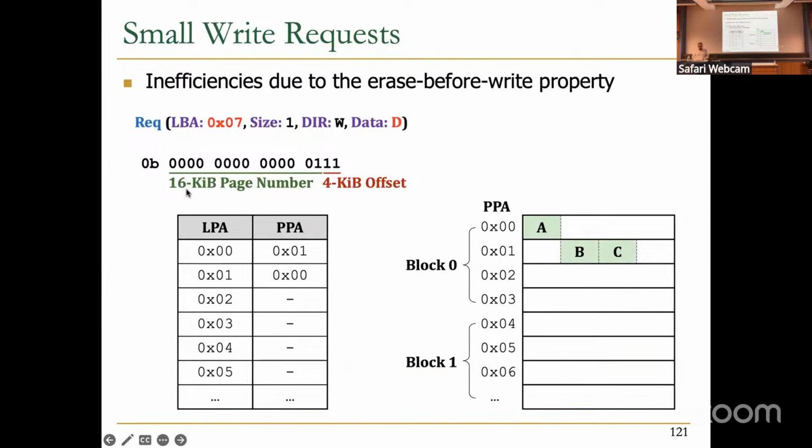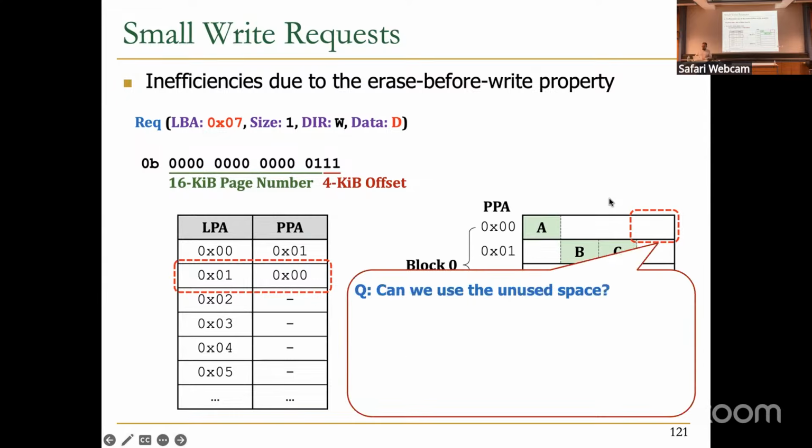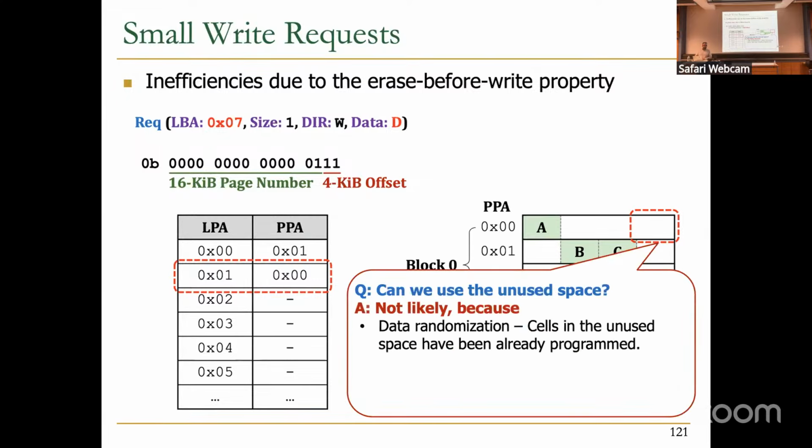So later on, we get another write operation to the same logical page address 1 as before. But now we want to write data D in the offset 3. So can we write here? Potentially yes, right? We can write, but in fact, we cannot. First, because of data randomization, cells in the unused space have probably already been programmed.